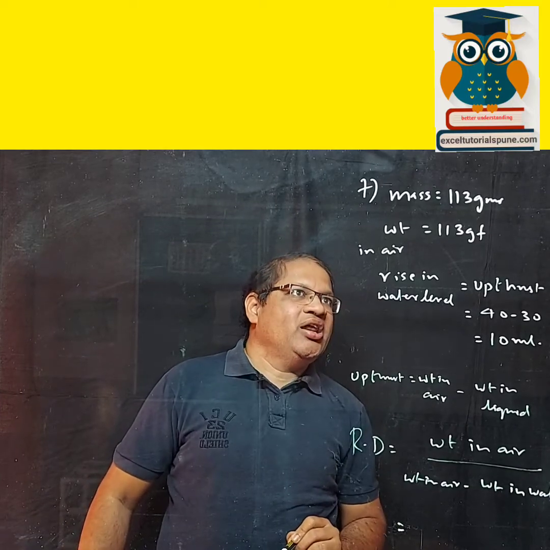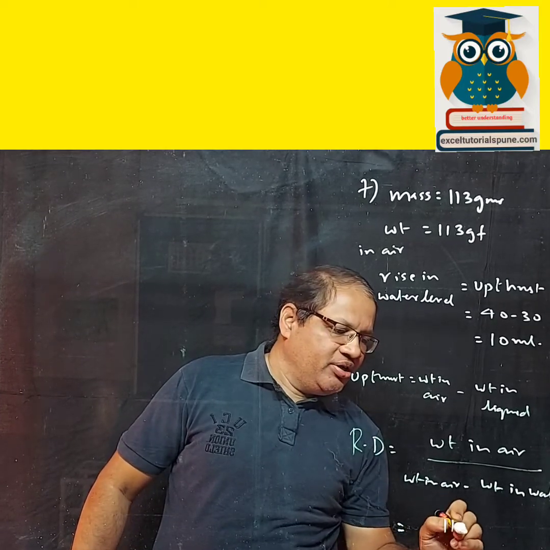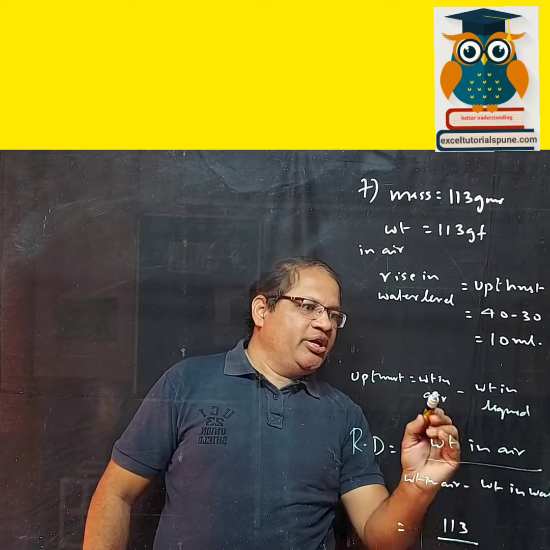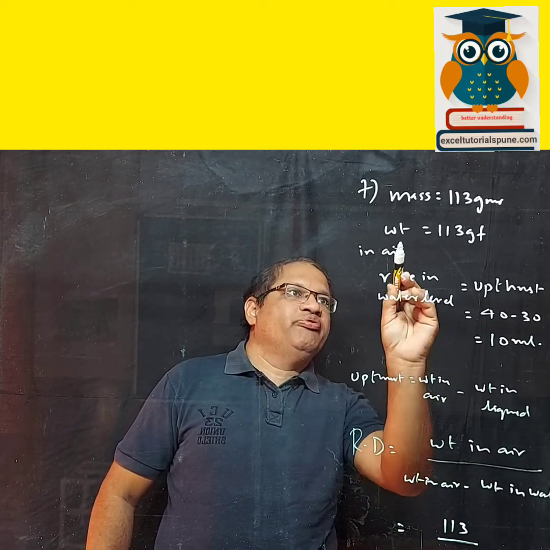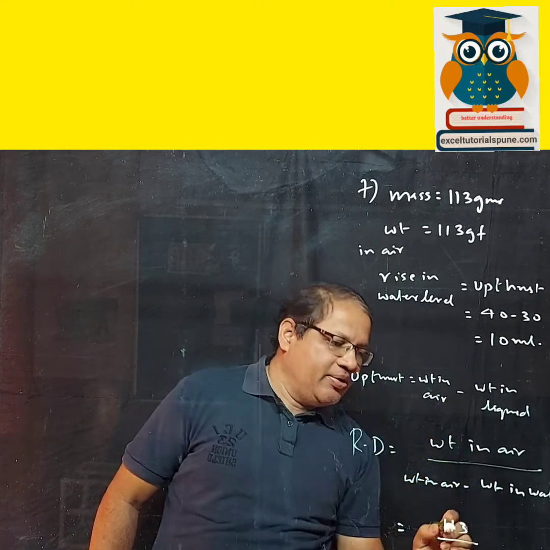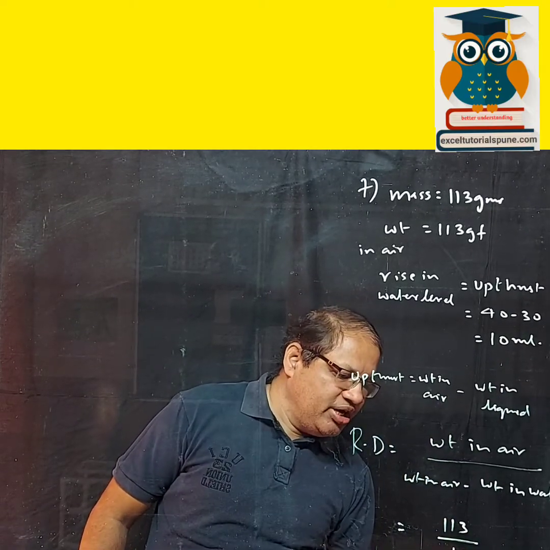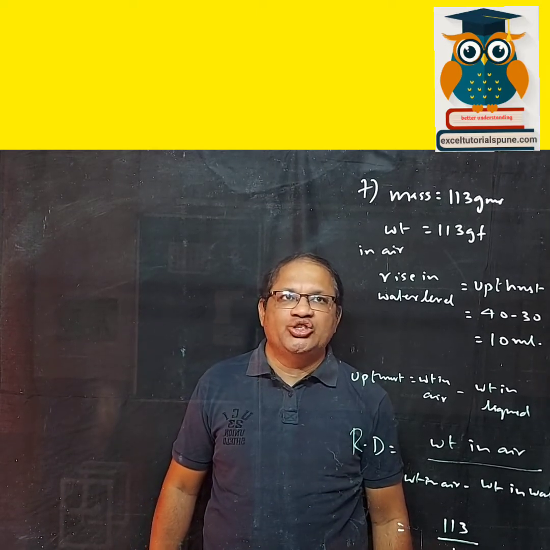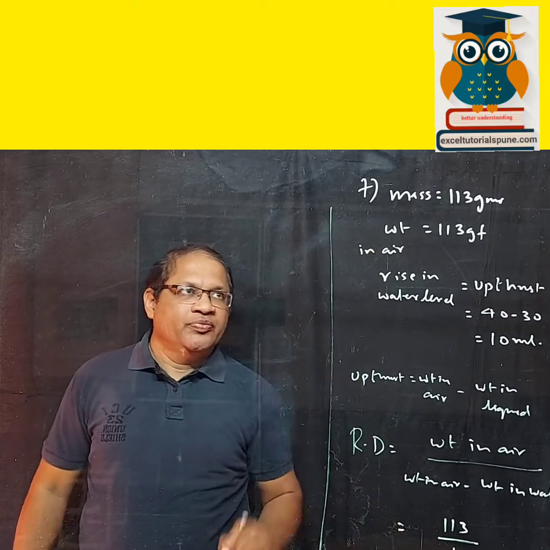Now weight in air is already given, 113, upon weight in air minus weight in liquid, which is the upthrust, which we found out. Upthrust is 10. So that's how it comes 11.3. There is no unit for relative density. Alright, you understood? Now we go on to the 8th sum.